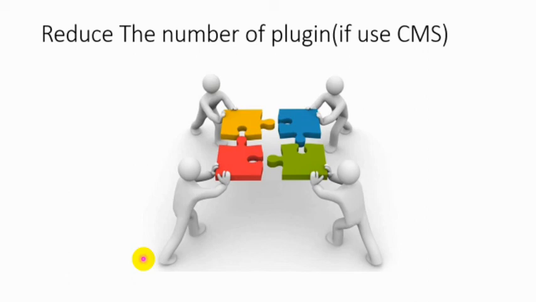The plugin scripts, JavaScript and even Python, make our website slower. So we have to note that we always use the minimum number of plugins and delete the rest from our CMS.